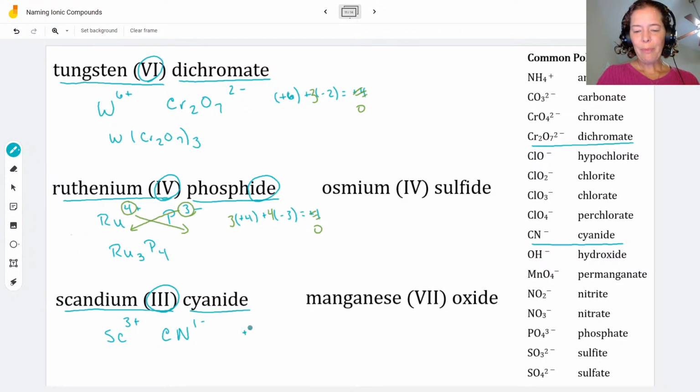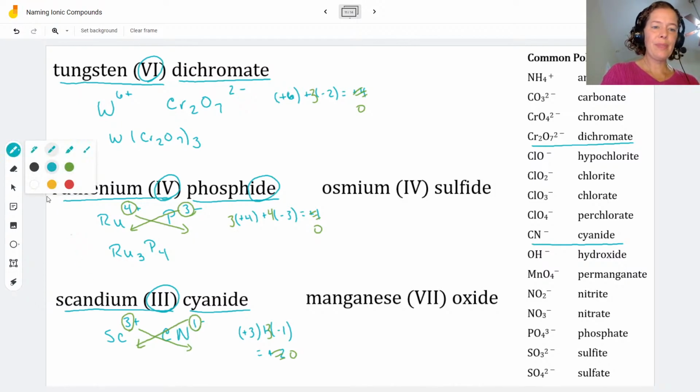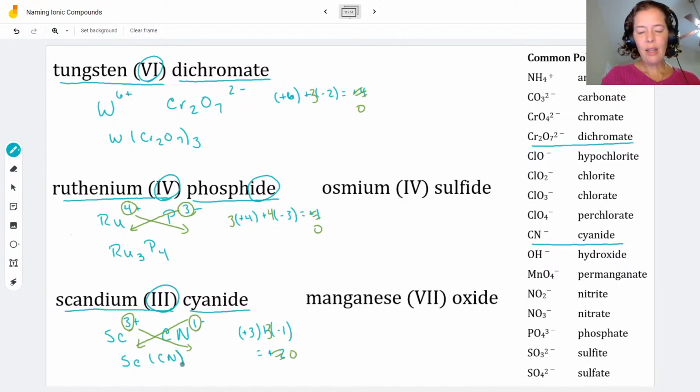Let's do our algebra. +3 plus a -1. This is not a neutral compound, but we can make it neutral. All we need to do is multiply by 3, and now we've got a neutral compound. Or again, crisscross, and that 1 would come down there. So the formula for this is Sc(CN)3.